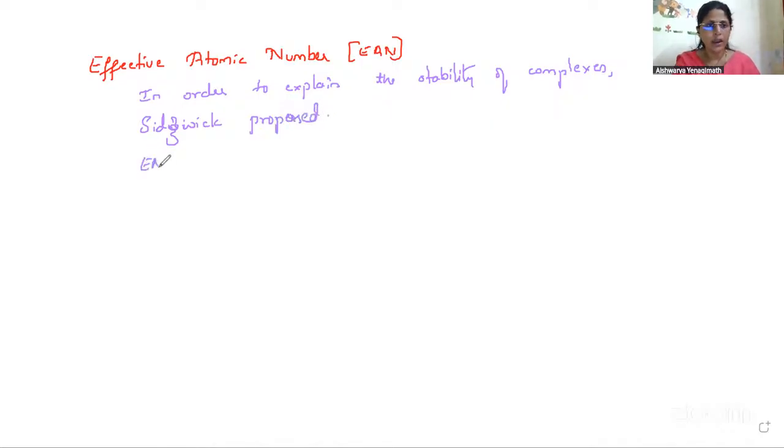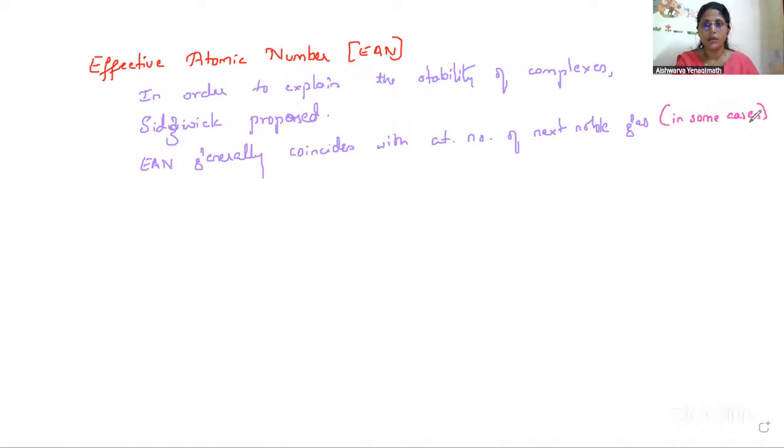So effective atomic number generally coincides with the atomic number of the next noble gas. This is in some cases.